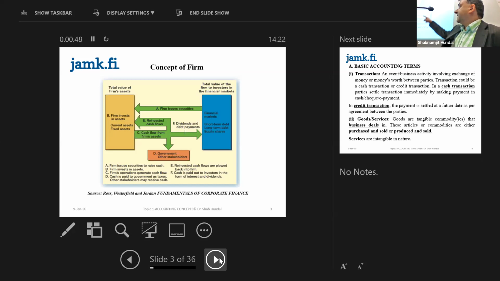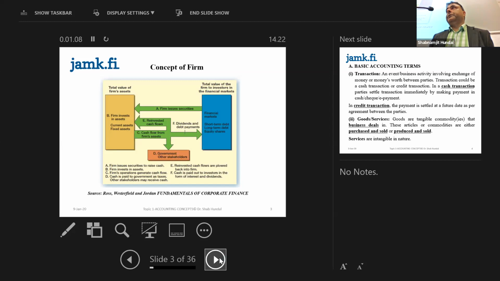Point A is the green line moving from right to left. It says a firm issues securities to raise cash. A company needs finance.